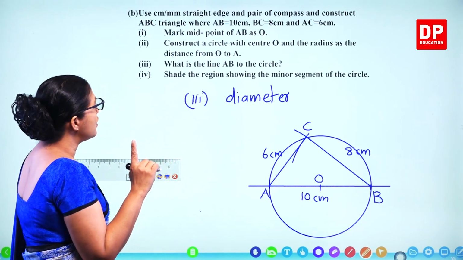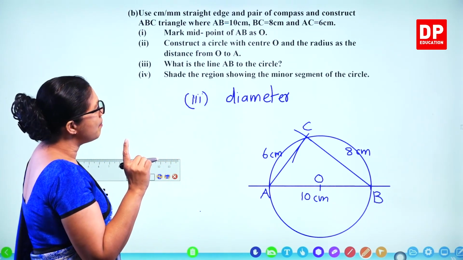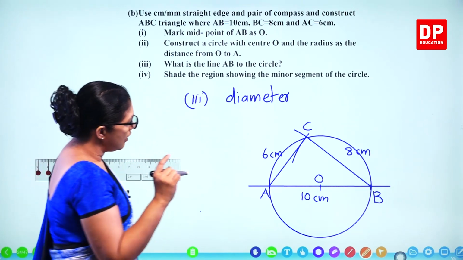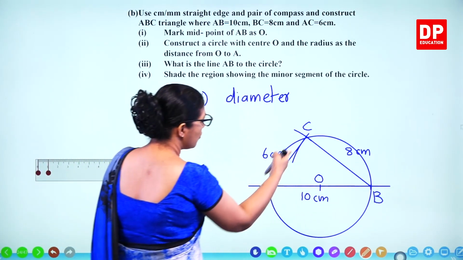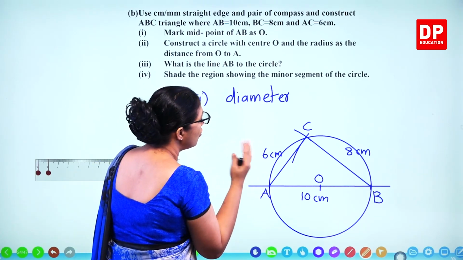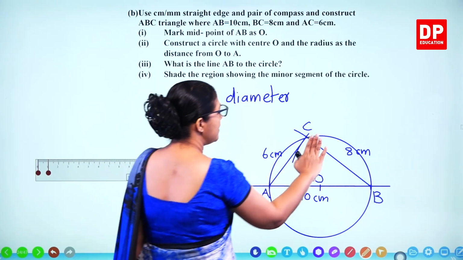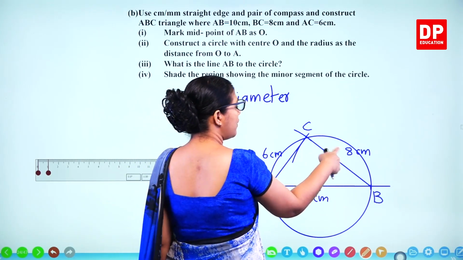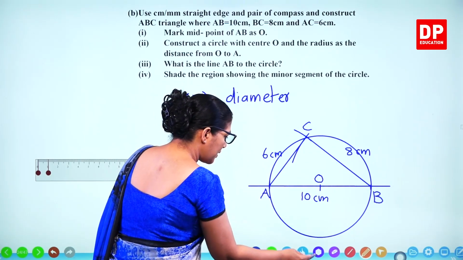Shade the region showing the minor segment of the circle. Minor segment. So here, this is a chord, this is also a chord. Minor means a small part. Either you can shade this one or this one. So I'll shade this part.